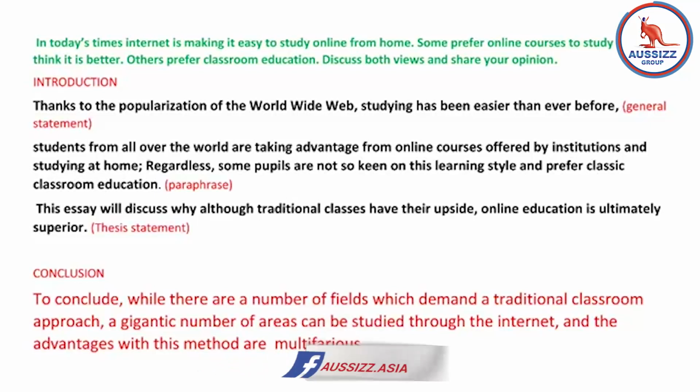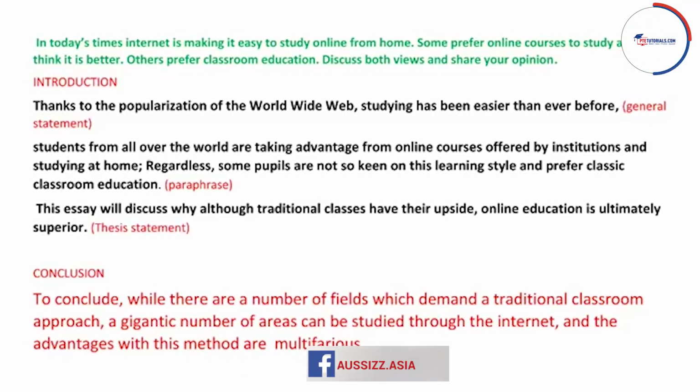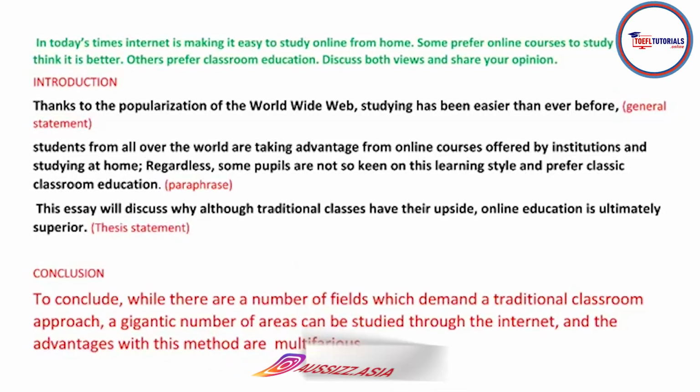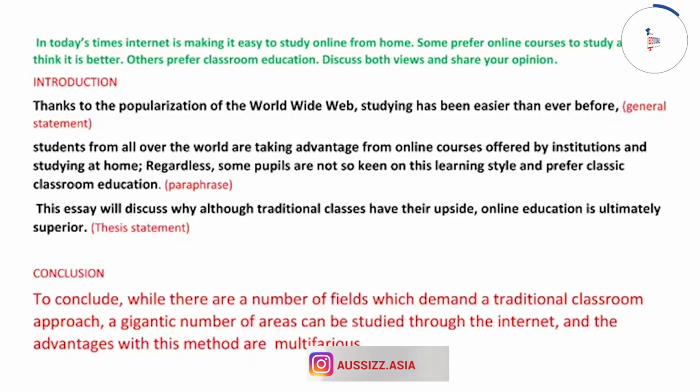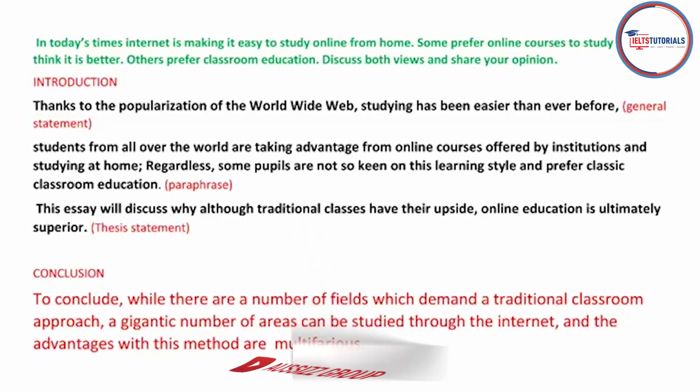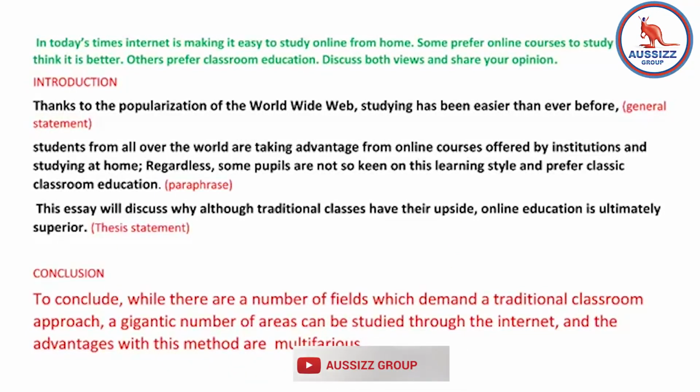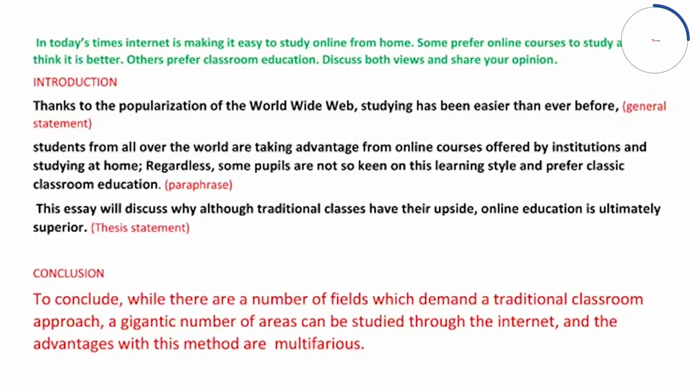Now let's paraphrase. Paraphrase is rewrite. My topic is that some prefer online courses to study and they think it is better. Students from all over the world are taking advantage from online courses. The one and the same thing. Who studies these days? Students.